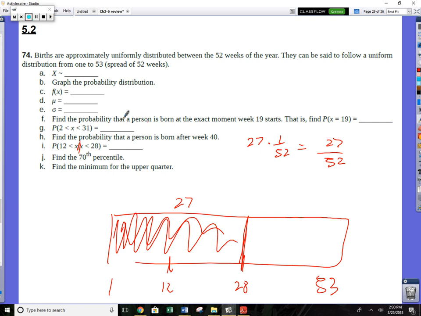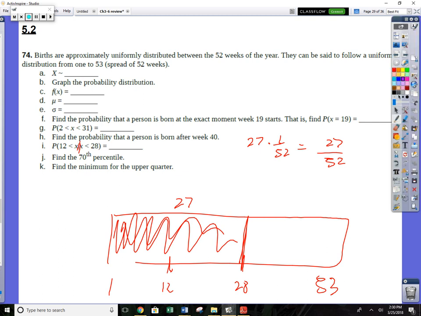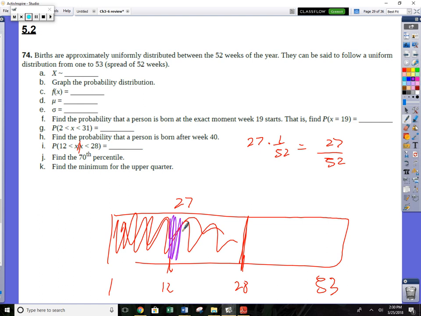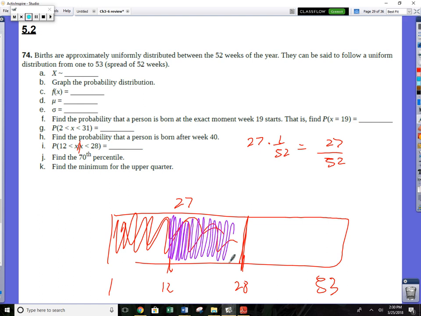Now, they want to know the chances that it's greater than 12. So it only wants to know this region here. So between 12 and 28. So I'm going to go 28 minus 12. So that is 16.